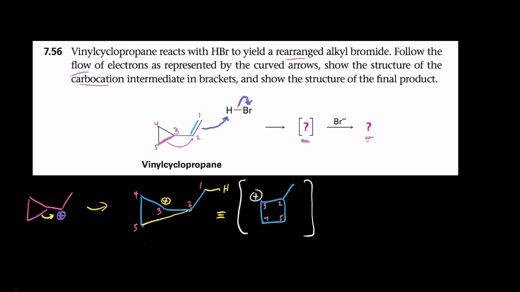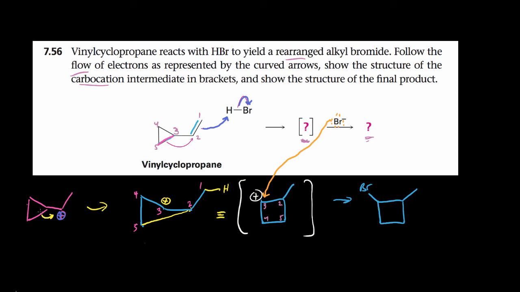And when bromide adds, Br minus, so let's just add Br minus to the carbocation, and we end up with a ring expanded product.